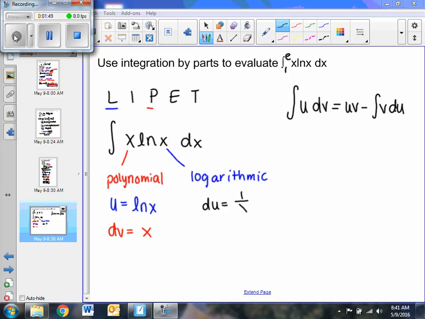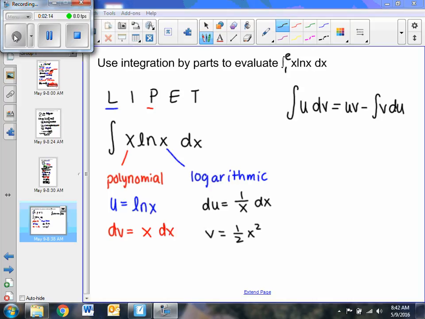So that'll be 1 over x dx. And then we have dv, so we have to get the antiderivative of that to find v. So we're finding v is then 1 half of x squared. Technically this dv here should have a dx tacked onto it.